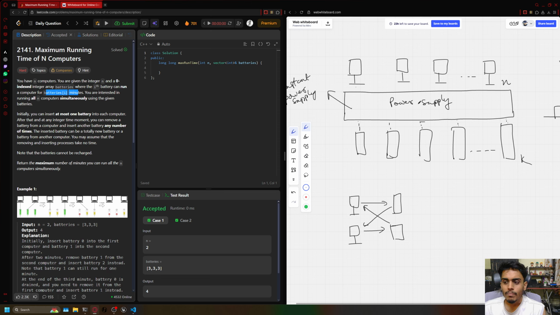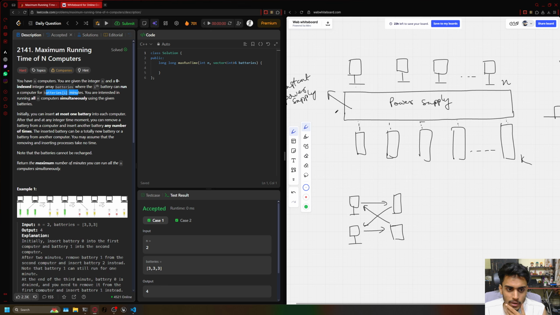It's not like all batteries are connected to the power supply at the same time. Whenever I need my power supply to run for at least some time t, I'll be switching out some batteries, but from the computers' perspective they will be seeing a constant power supply. So I can replace all these batteries with a constant layer.